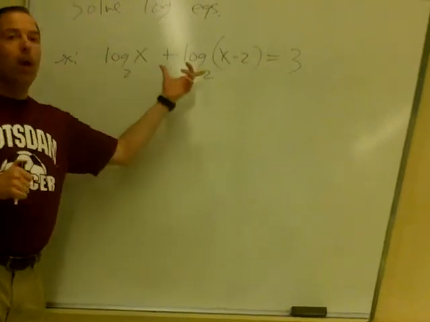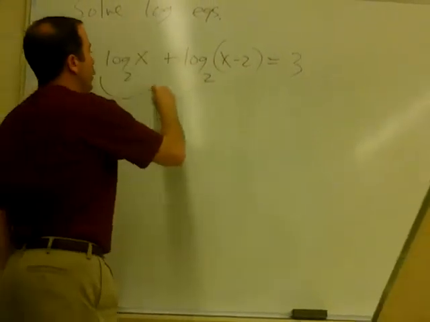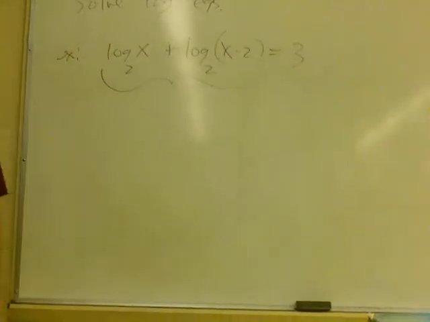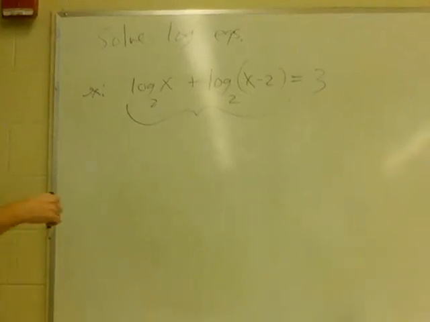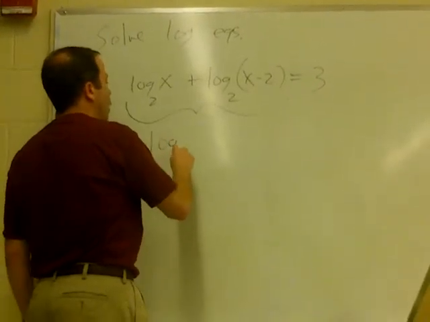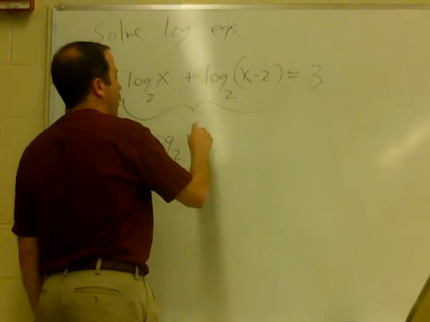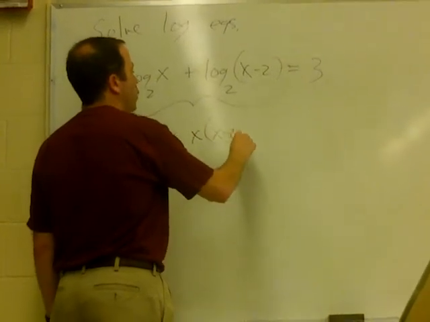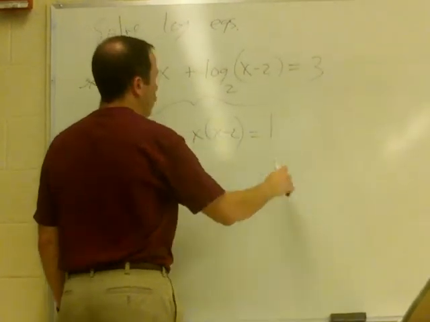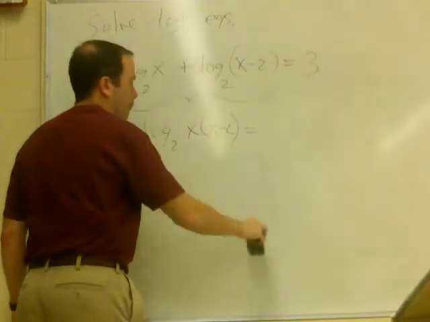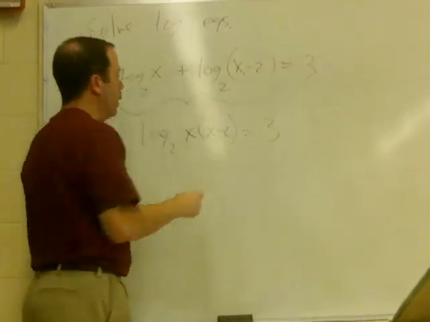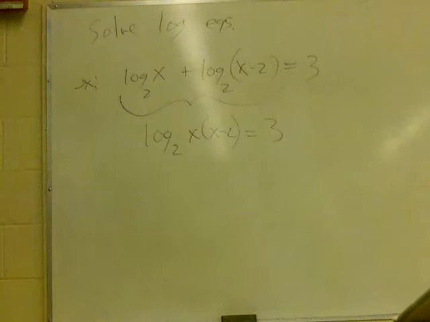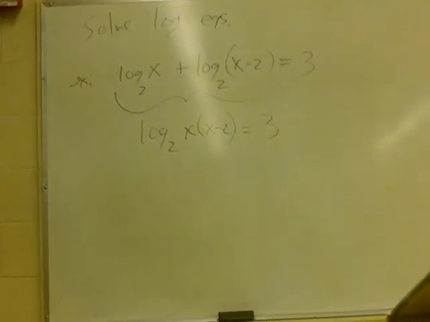Okay, so when we have these two things added together, we must smush them, put them together as a multiplication. So log base 2 of x times x minus 2 equals 3. Now we will distribute, x squared minus 2x.